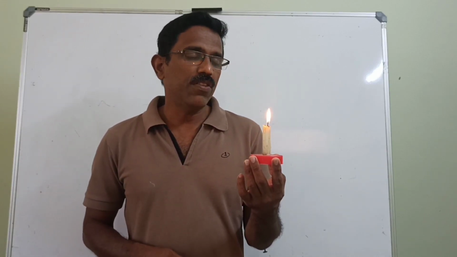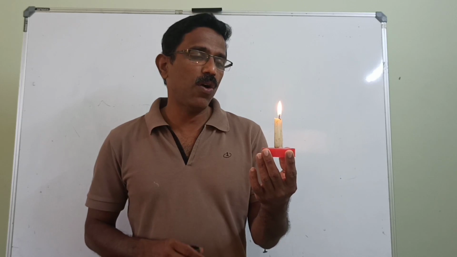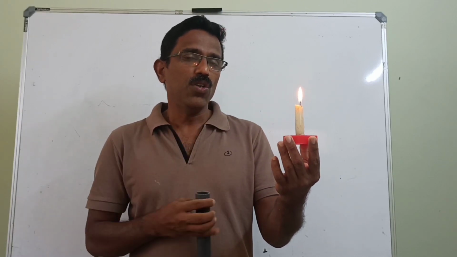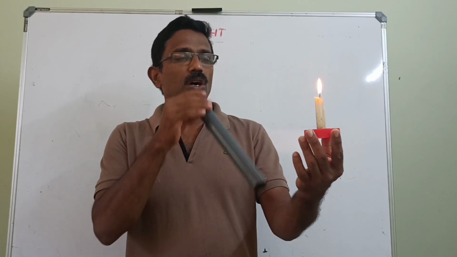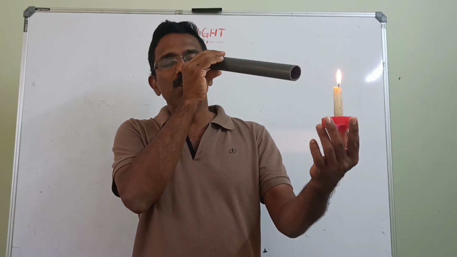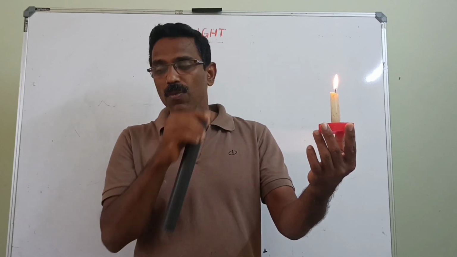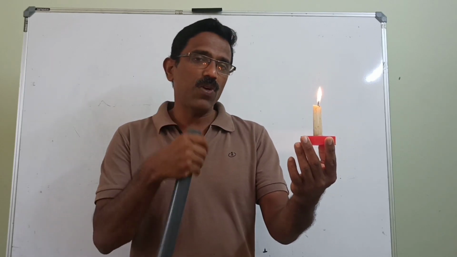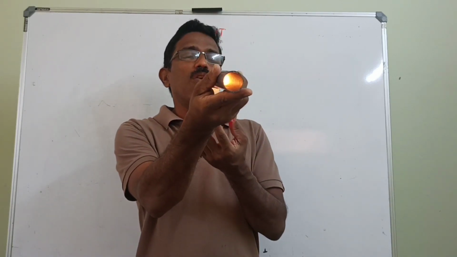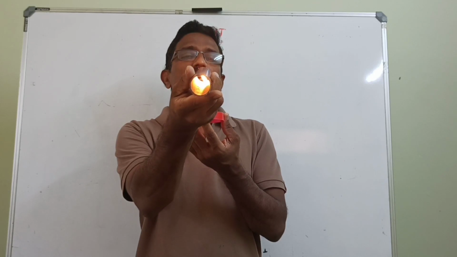When you are observing an object, you can see it. You can see the flame with a straight pipe. You can see the flame because light travels along a straight line. It is very clear.